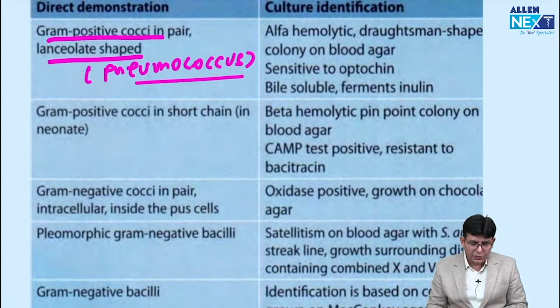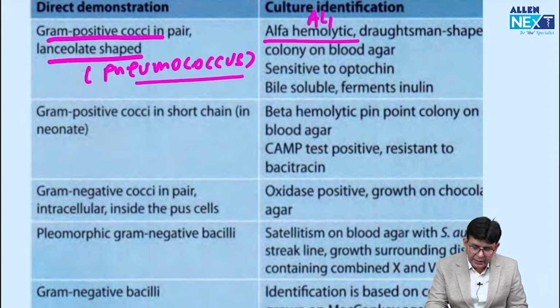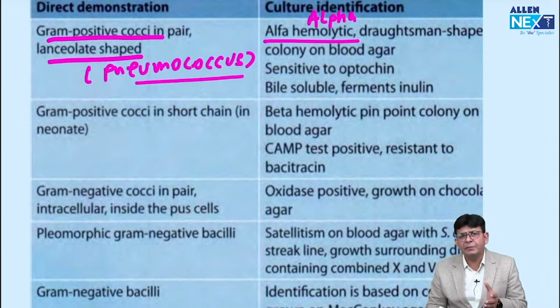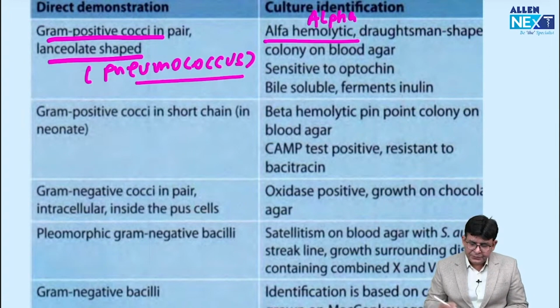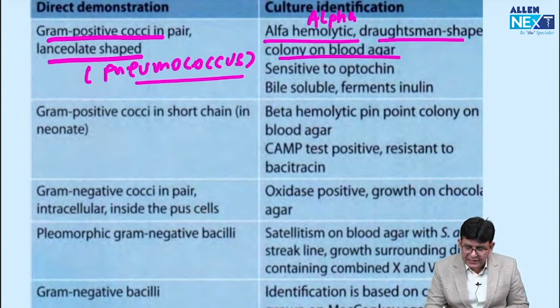and that is pneumococcus. This might be their hint, and other hints which can be there in the question, just now we have talked about: alpha, A-L-P-H-A, alpha hemolytic. Alpha means what? A partial hemolysis, that is termed as alpha. Draughtsman shaped colonies on blood agar, that is carom coin appearance.